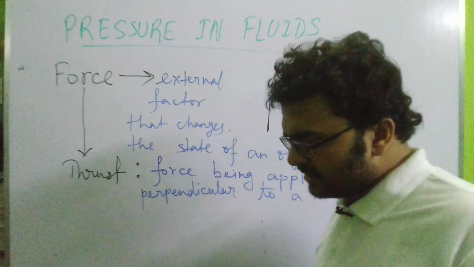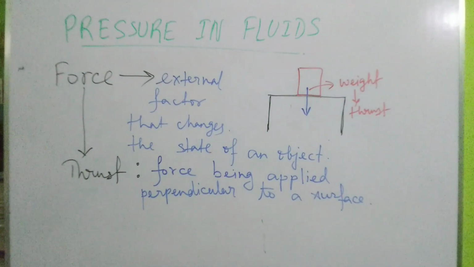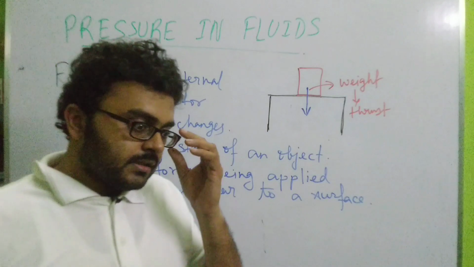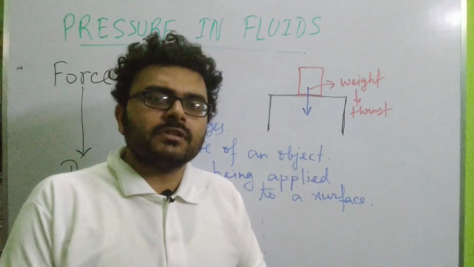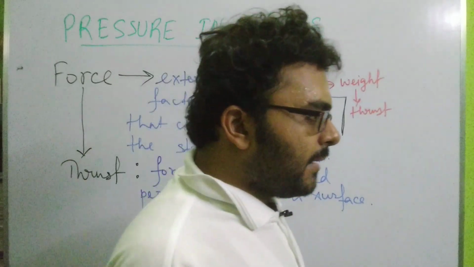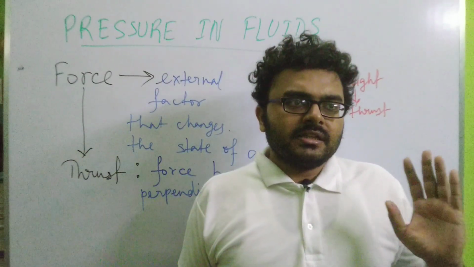Thrust has a definite direction, and this property is actually indicating that thrust, like force, is also a vector quantity. Force is also a vector quantity, because whenever you are talking of applying a certain force, it is always in a certain direction.